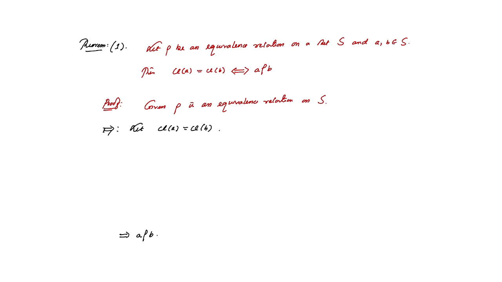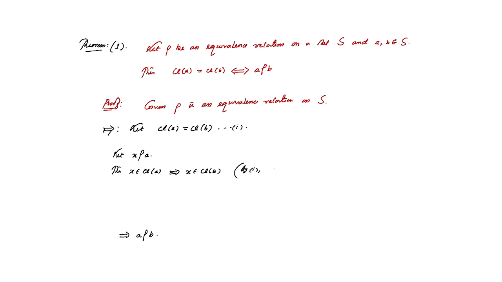Let this be 1. Let us consider X is related to A, taking an arbitrary element X related to A. So what exactly does this mean? This means X belongs to class of A. And since class A equals class B, that implies X belongs to class of B. Why?